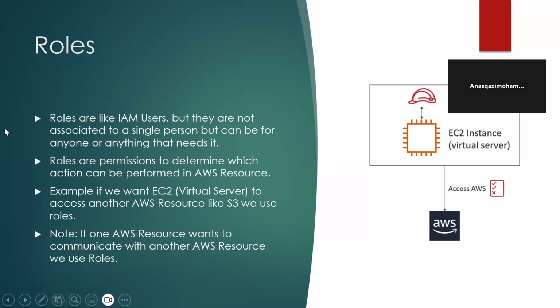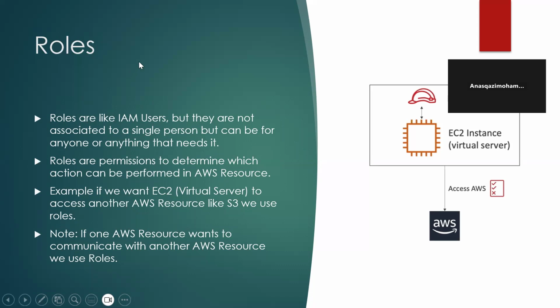The last aspect is roles. Roles are similar to IAM users, but they are not associated with a single person. Let's consider I've got an EC2 instance and I want it to interact with an AWS service or communicate with another service. For that, we have roles.